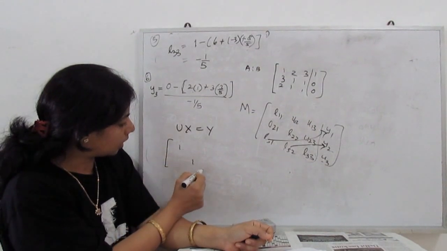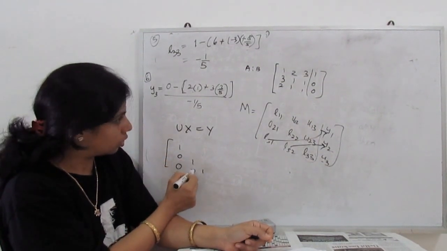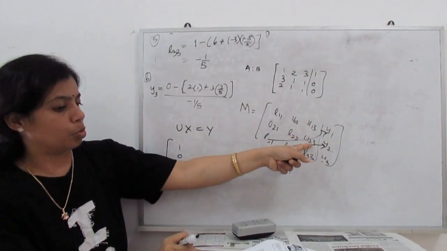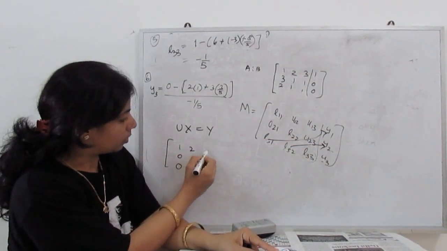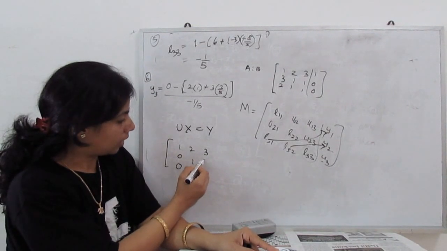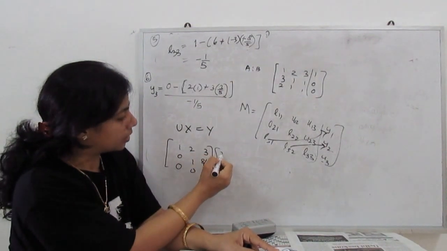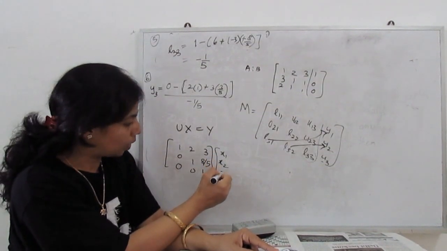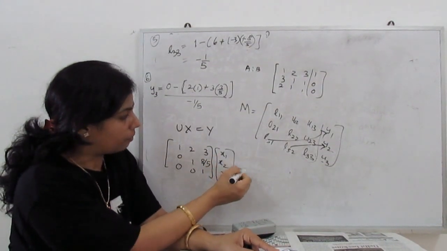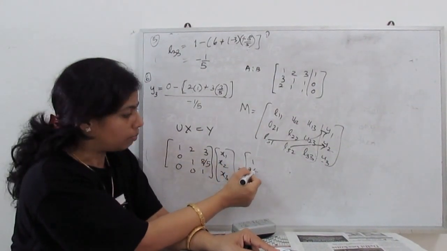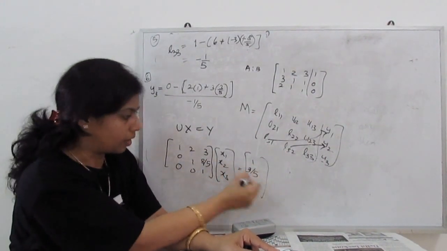All others other than the diagonal we make 0. So U12, U13 and U23, these three elements are 2, 3, 1 and 8 by 5. Clear? X is x1, x2, x3 and our y matrix is 1, 3 by 5 and 1.